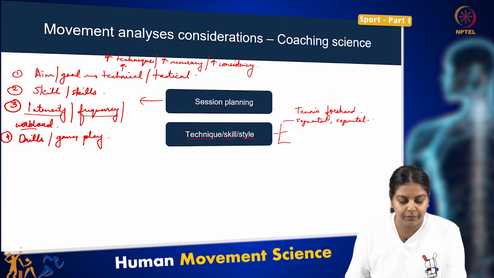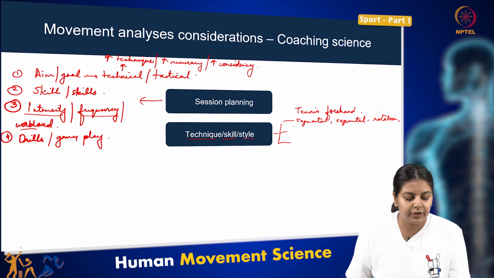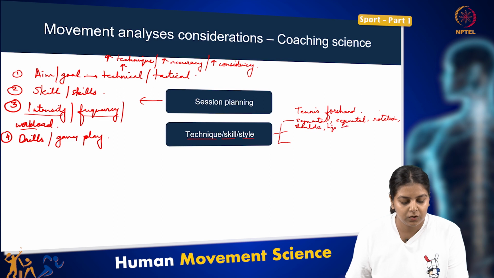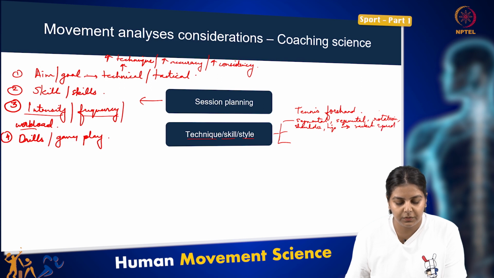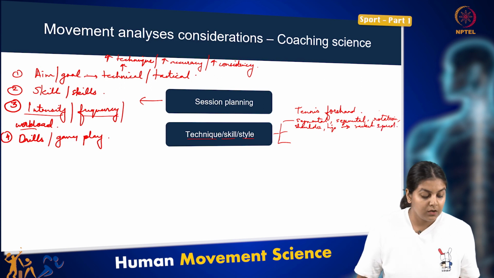It could be rotation, so your pelvic rotation, and then you move into using the shoulder and hip. You transfer it into your racket speed. Now that could be some important technique.